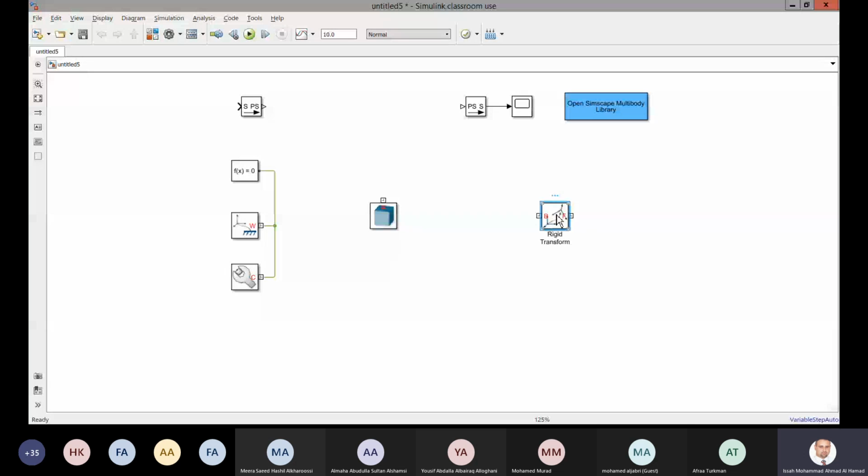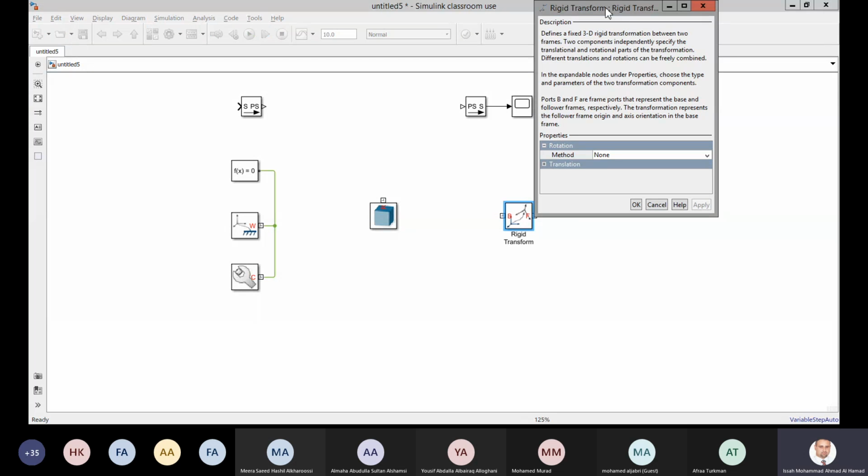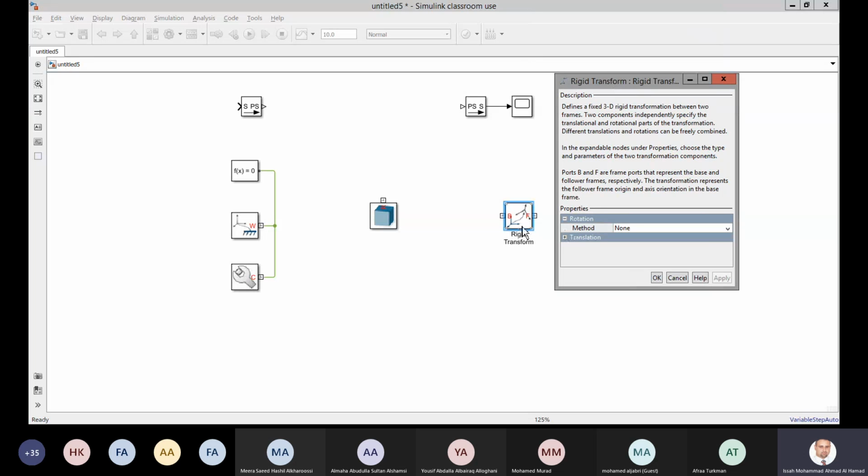Now this one is the rigid transformation. What do you mean by rigid transformation? It can rotate the mass for you. So let me press here. For example, it can make rotation or translation for the mass. But there is a condition.